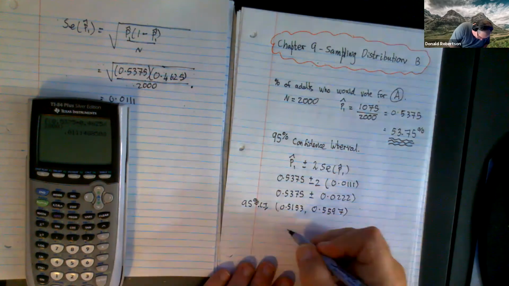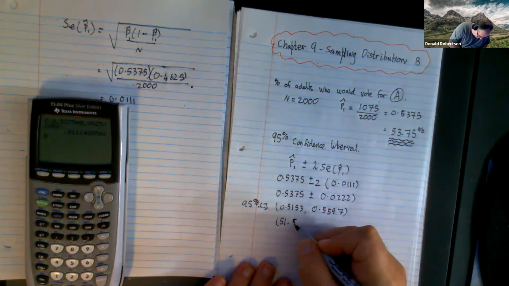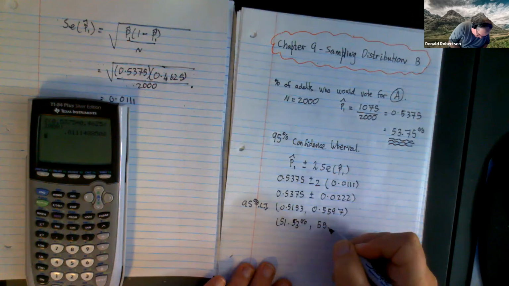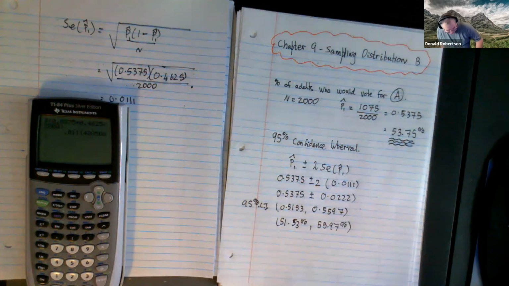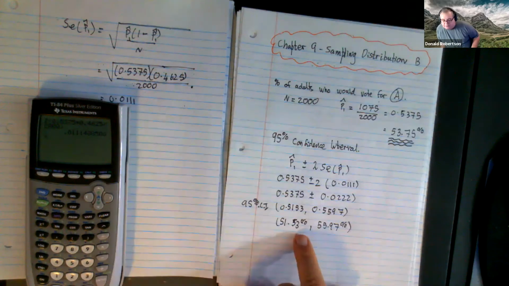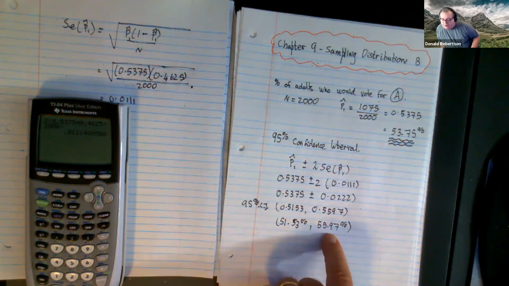Since I like percentages, 51.53% to 55.97%. So our prediction, based on this sample, is that candidate A is going to get in the election somewhere between 51.53% and 55.97%. That is our prediction.